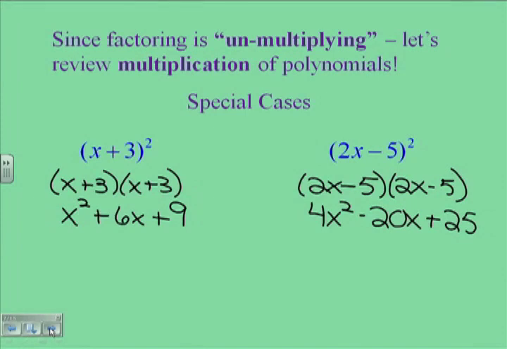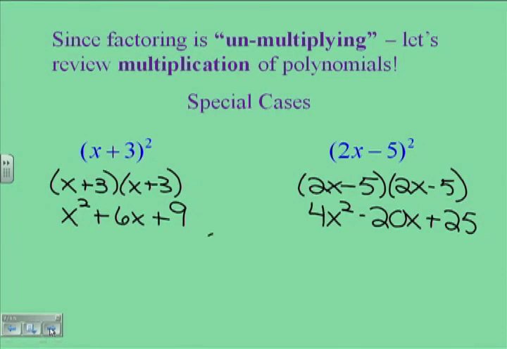Hey, while I'm here, I would just like to take a quick moment. Let's look at the signs as they appeared here. Why is it that I got a positive 25 on the end? Well, of course, that came from the negative 5 times the negative 5. And we had the negative in the middle because our outers and inners were both negative, so they had to add to be a negative.